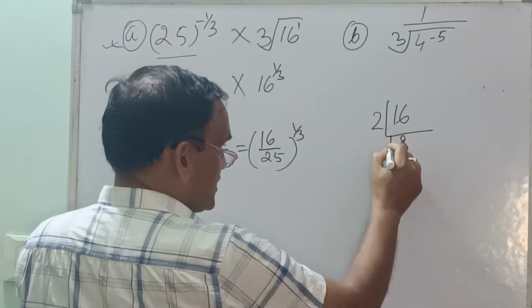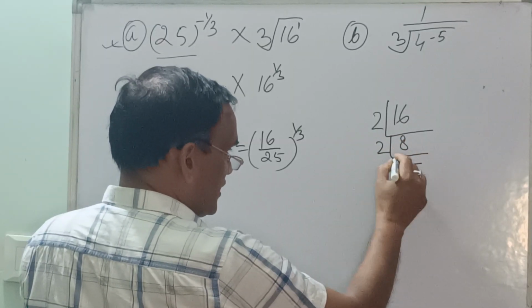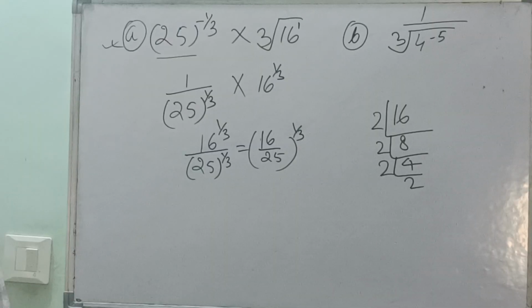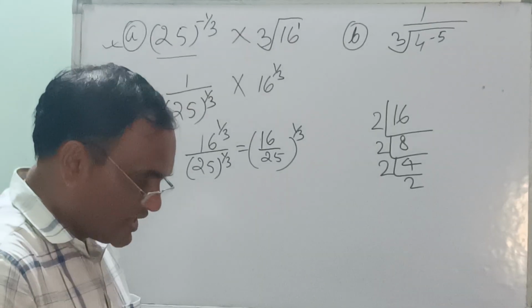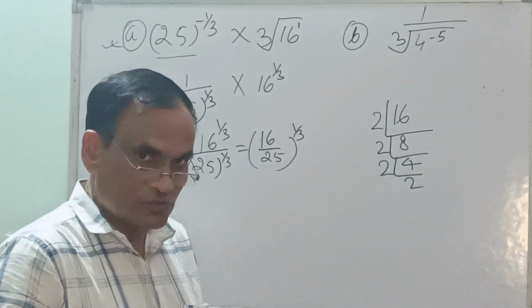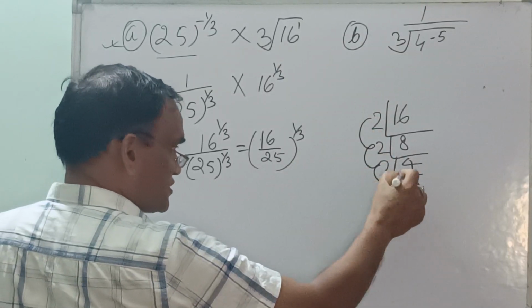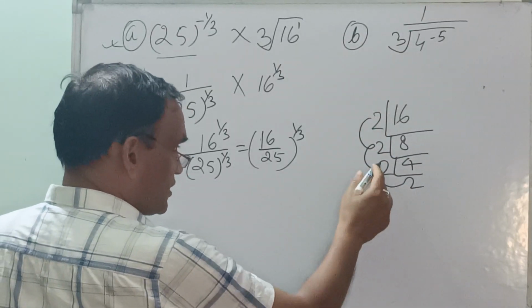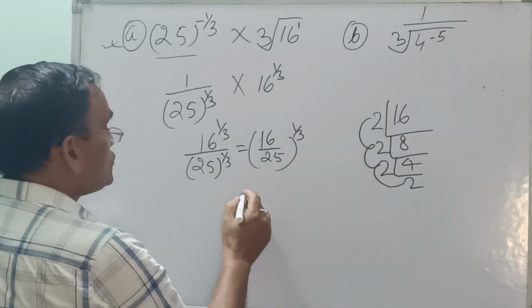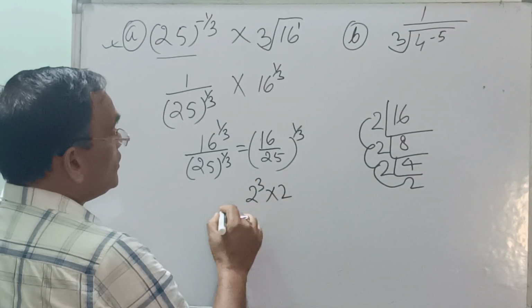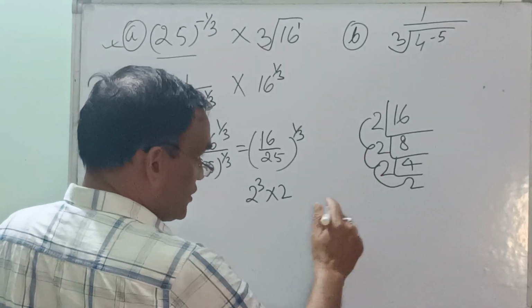So 2 eights are 16, 2 fours are 8, 2 twos are 4. Are you getting my point? Okay, very nice, no issue. Now 2 twos are 4, 2 fours are 8, 2 eights are 16. So 2 appears 4 times, and we can write 2 to the power 4.